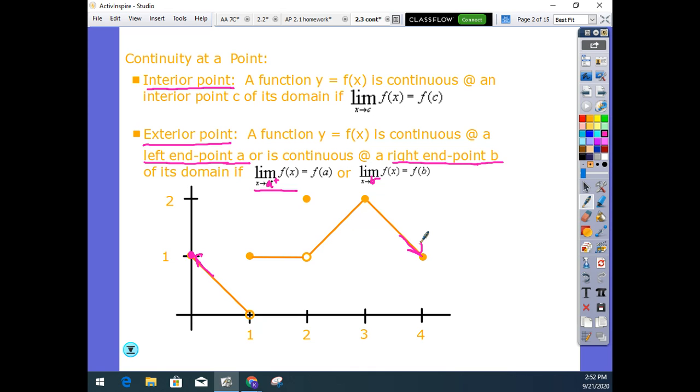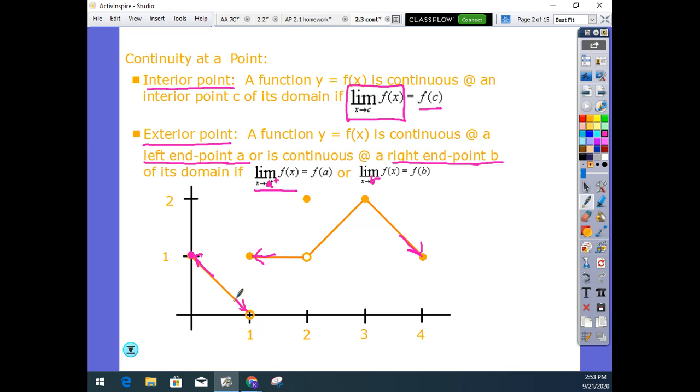So it says inside that it's continuous whenever the limit equals the y value. So we've kind of talked about this, and I'll get into it more on the next page. Notice that at x equals 1, the limit does not exist because the left does not point to the same place as the right.